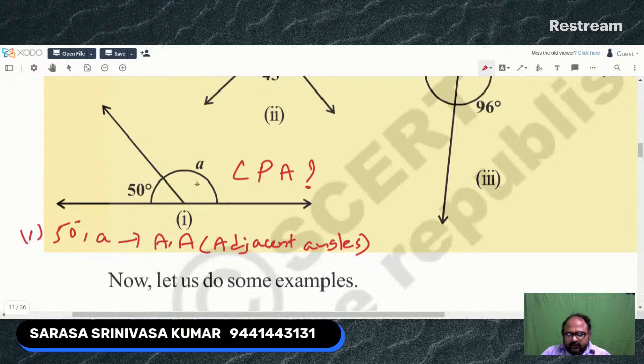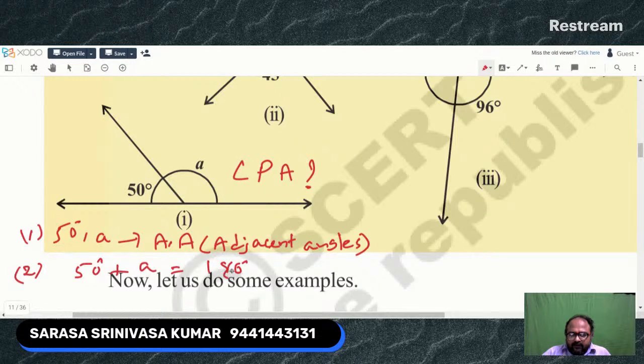And the sum of these two angles forms a straight line. That is, the sum of two angles is equal to 180 degrees. This is 50 degrees plus A equal to 180 degrees.